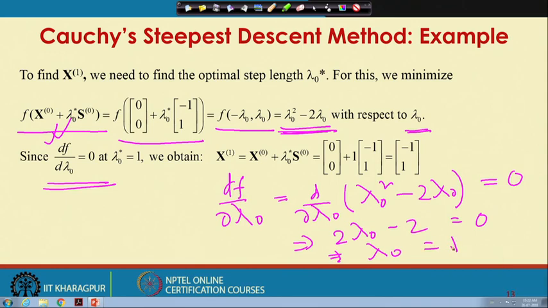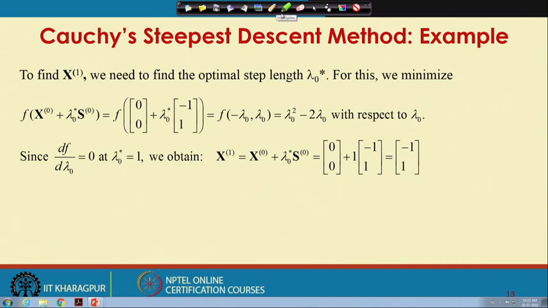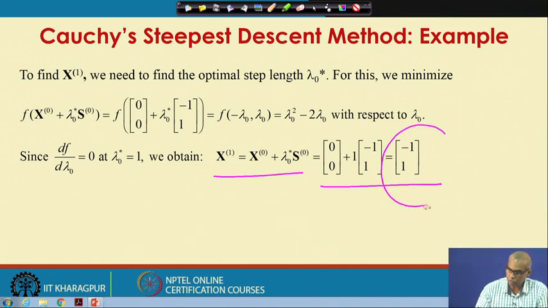So, the optimal value of lambda 0, represented as lambda 0 star, is equal to 1. Once you have this, we can find out x 1 easily. X 1 equal to x 0 plus lambda 0 star s 0. So, 0 0 plus 1 times minus 1 1. So, x 1 is obtained as minus 1 1.